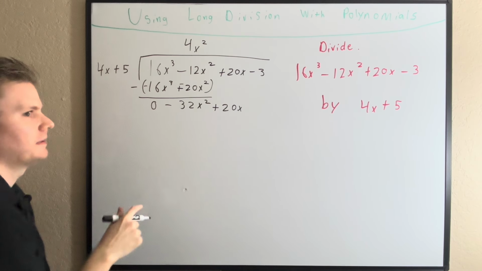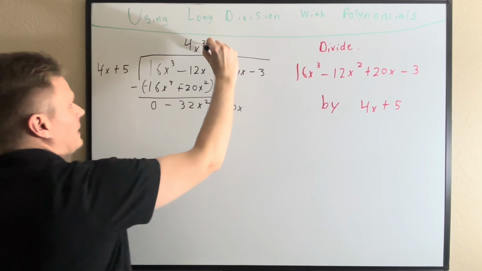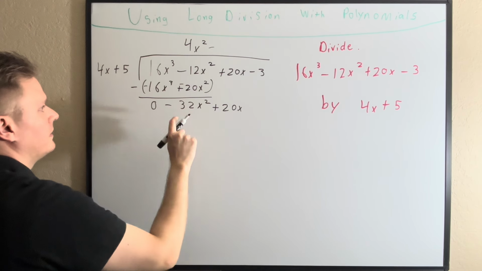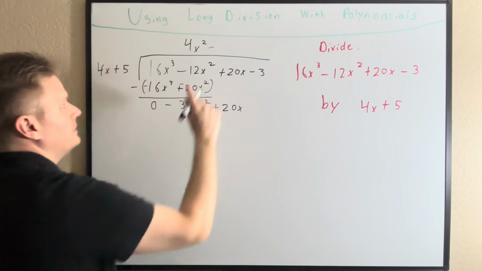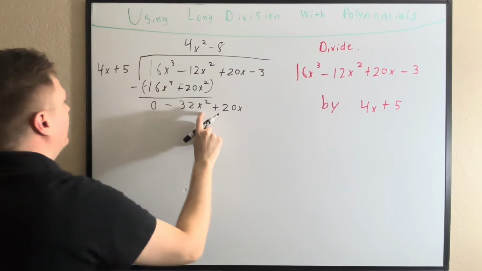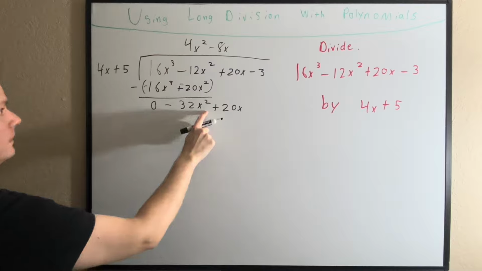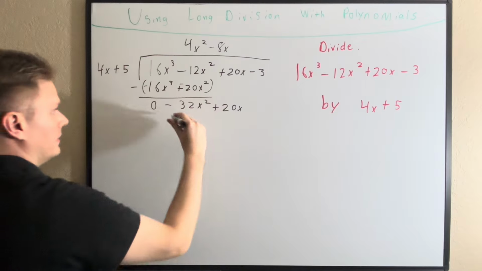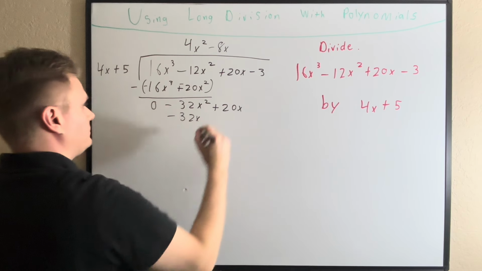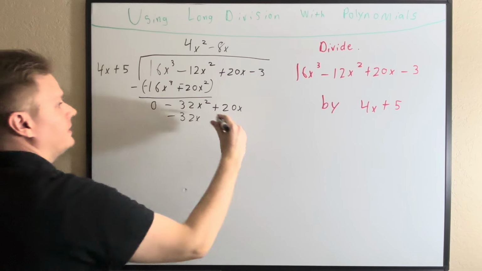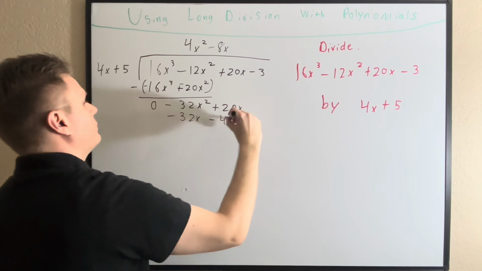How many times? Well, it'll be negative, right, because that's negative. 4 times 8 is 32. And x times x is x squared. So negative 8x is what we're looking for. 5 times negative 8x is negative 40x.